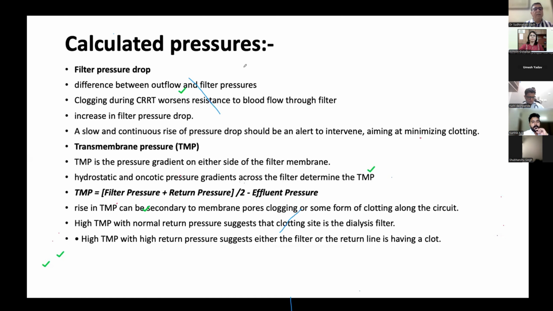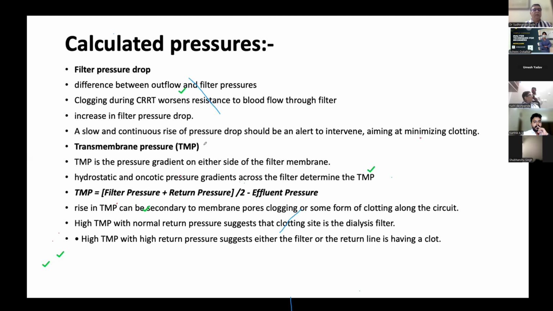The calculated pressures are basically the filter pressure drop and the transmembrane pressure. And what is the filter pressure drop? The filter pressure drop is the difference between the outflow and the filter pressure. If it is high, that indicates there is a chance of clotting of the dialyzer.